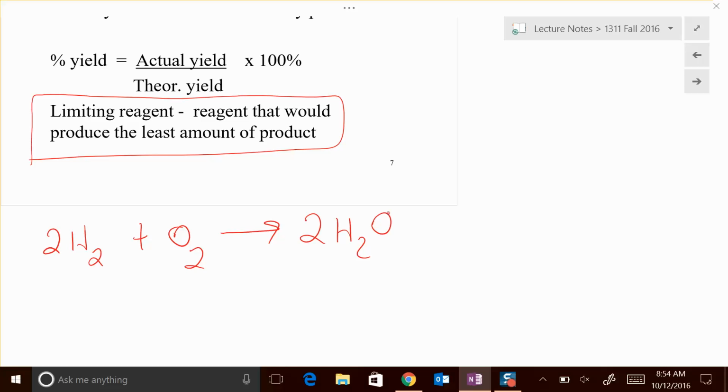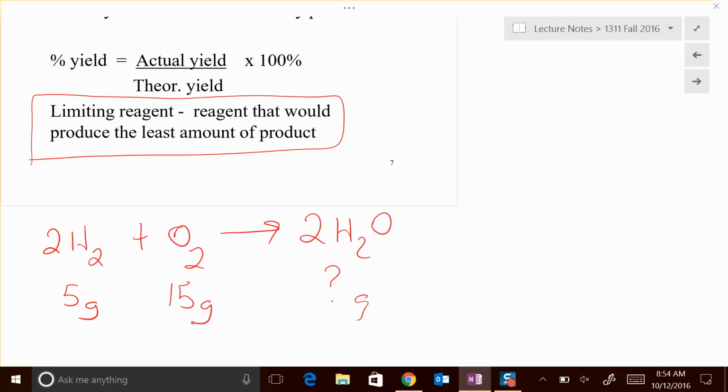So if I told you you had 5 grams of hydrogen gas, and I asked you to tell me how much water in grams you would produce, that'd be pretty straightforward, right? You set up your equation, grams to moles of hydrogen, then to the moles of water, then to the grams of water. Okay? But what if I said you had 5 grams of hydrogen and you have 15 grams of oxygen? How much water do you produce?